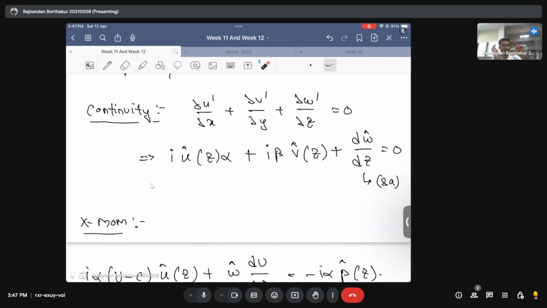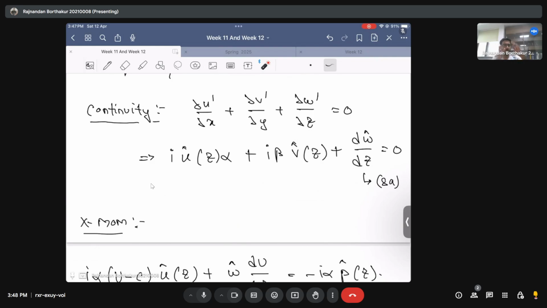Then write your u, w, and p as base plus perturbation, substitute that form, and get the linearized equations for perturbations. Then use the normal modes form of the 2D variables, u prime, w prime, and p prime, and substitute it into the governing equations of the 2D perturbations to get the ODEs.